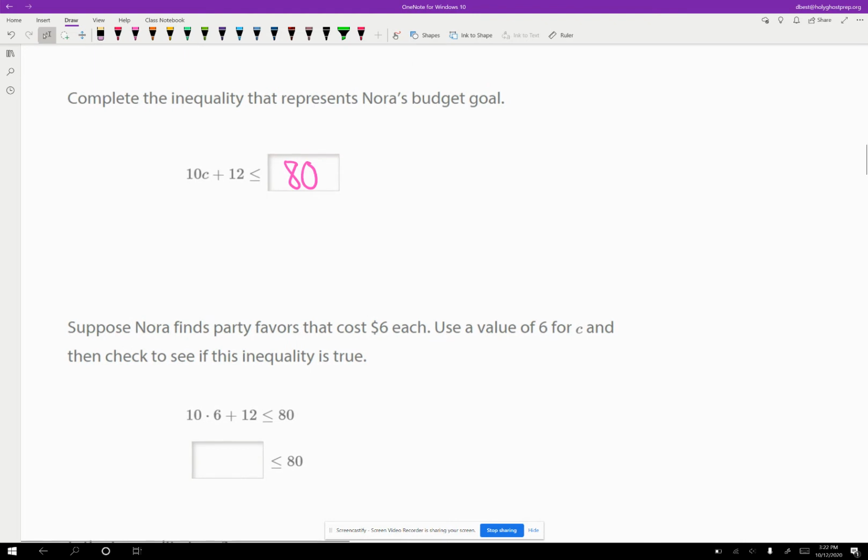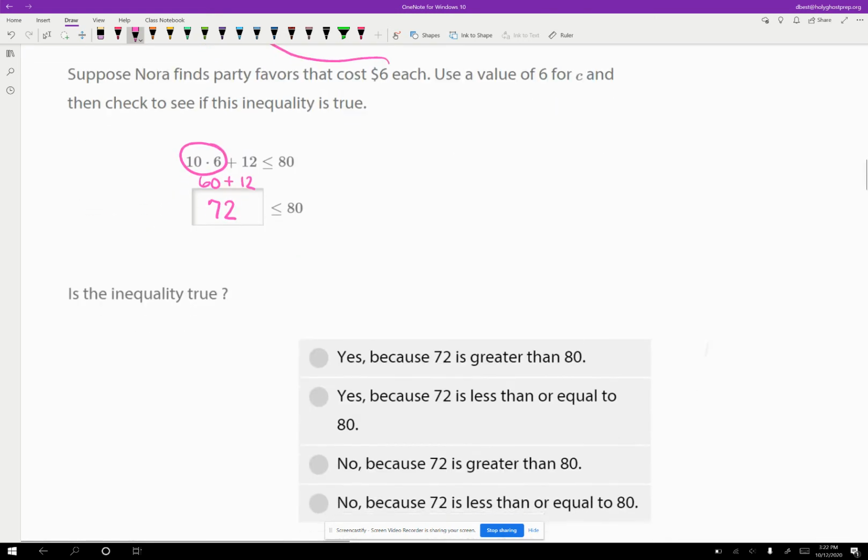So let's say Nora finds party favors that are $6 each. That would mean we plug 6 in for C. Okay, so if you're following along, we replace the C and we plug in a 6. And then let's see if we can afford that. So we would do 10 times 6, which is 60, plus the $12 we spend on cake, and we get 72.